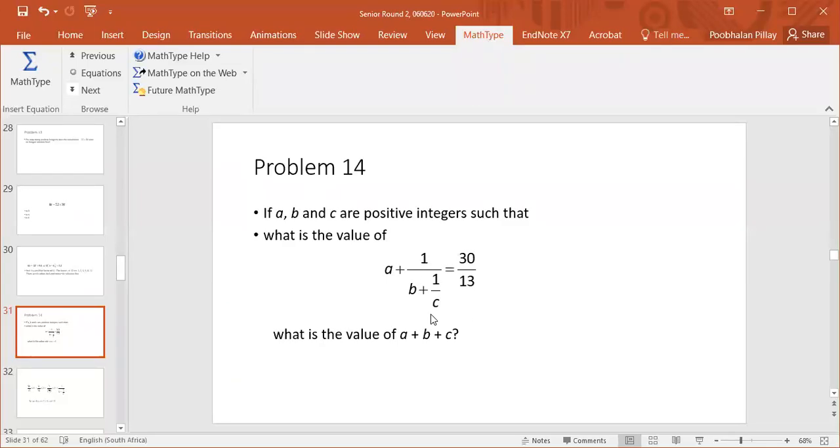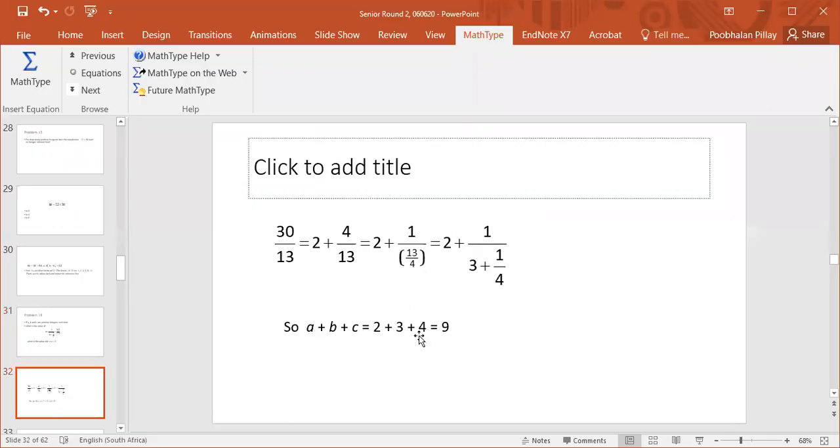Now you've got 4 over 13 here, and you're going to write 4 over 13 as 1 over something. So it's 1 over 13 over 4, right?